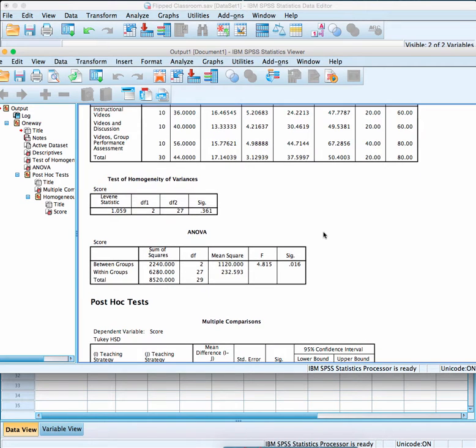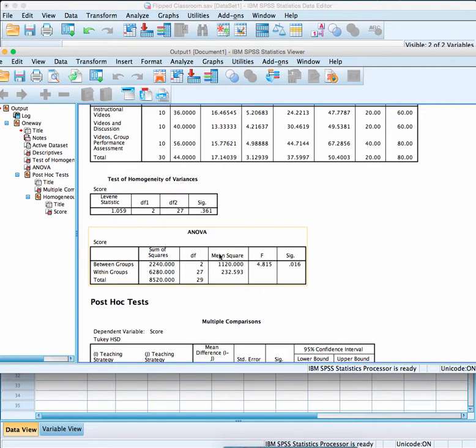Now the ANOVA summary table, what this does is it tells us how much variability there is in these final exam scores that test t-test concepts. So we have the between group variability, the within group variability, and then we have our total variability. And these are called the sums of squares.